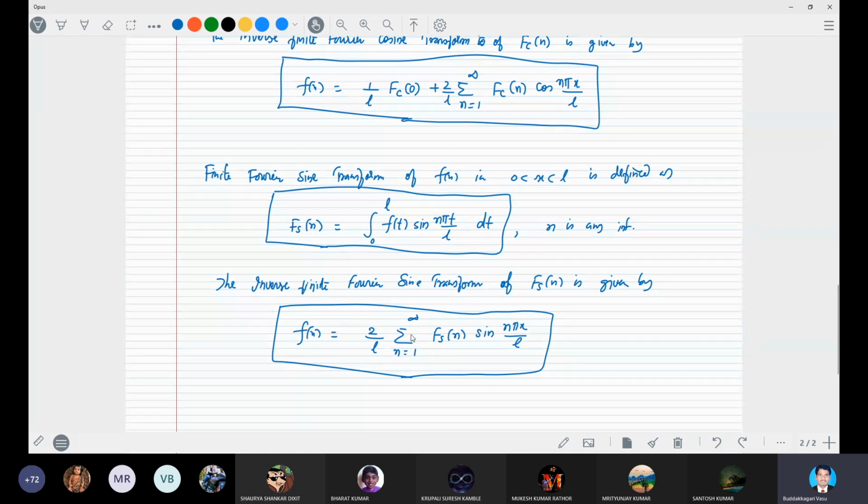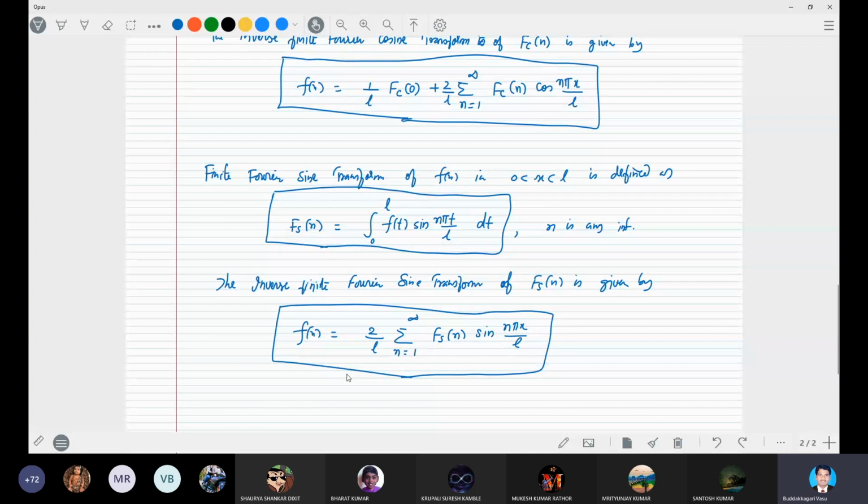It will be in summation only, whereas in an infinite interval, this sum turns into an integral. Since it is a finite interval, the inverse sum will be in the summation form only.